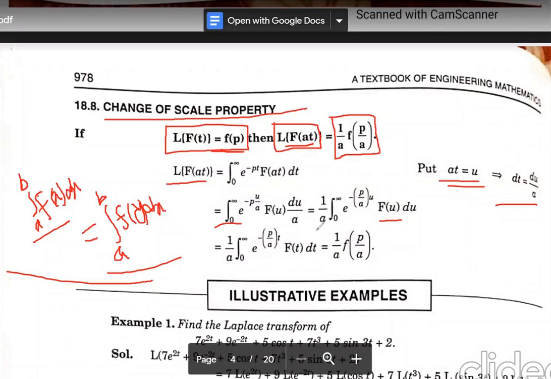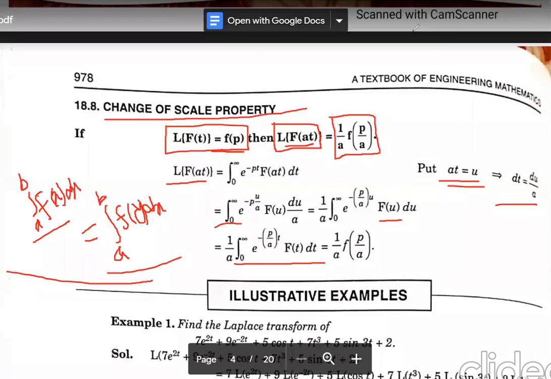And 1 by a is here, 1 by a is here, and this part is nothing but f of p by a. Did you understand or not?